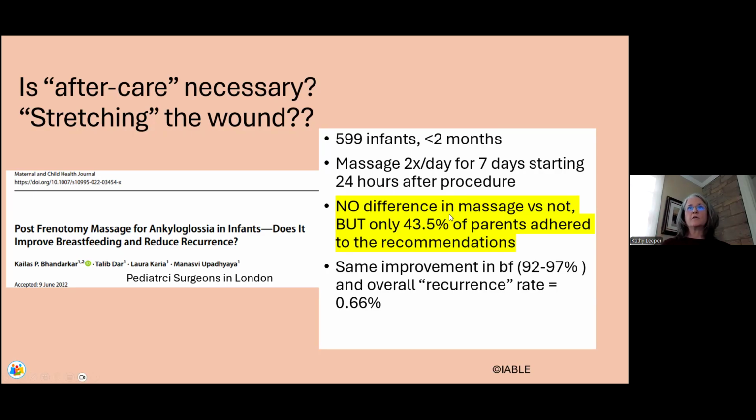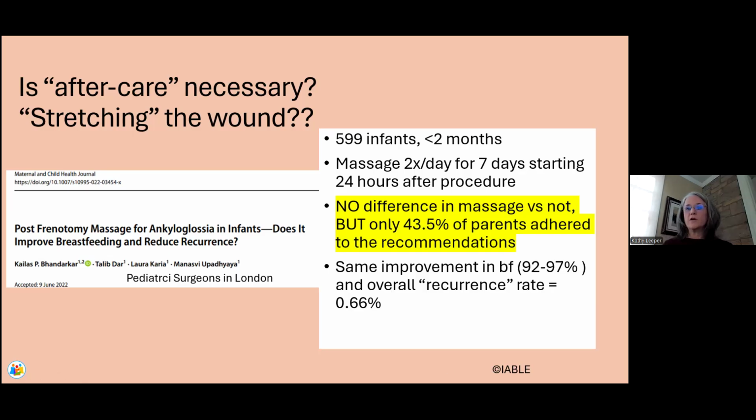And they saw no difference in tongue function or breastfeeding efficacy if they stretched or didn't stretch, but they were quick to point out that only 43% of parents would do that to their baby. They wouldn't go in and push on a fresh wound because it was clearly uncomfortable for their child. And so even though they were told to do it, they admitted, yeah, we didn't actually do that.